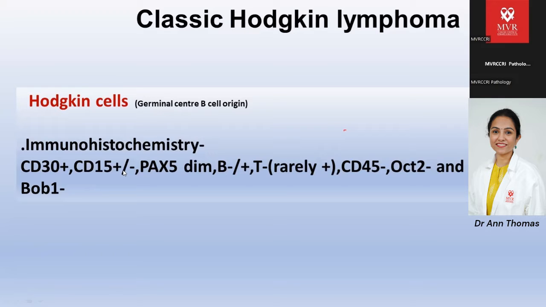So, one way to tell that Hodgkin cells are abnormal is by morphology. We see the atypical cells, we suspect a Hodgkin lymphoma. The other is immunohistochemistry. What is the immunohistochemistry hint that tells us these cells are abnormal? Even though they are B cells, they do not express CD20 or Oct-2, unlike an immunoblast, which is a mimicker of a Hodgkin cell in a reactive background.